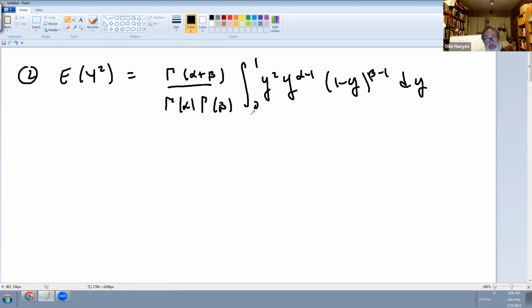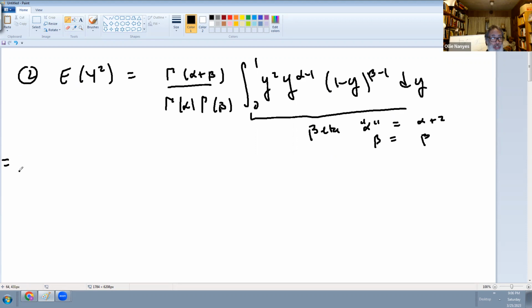But as before, this is going to be your beta distribution integral with alpha, the first parameter, equaling alpha plus 2, and your beta part is just beta. So we're going to get the same cancellations that we got before.